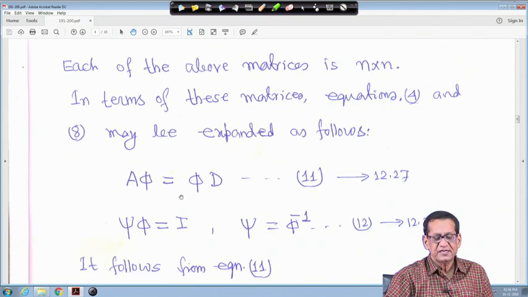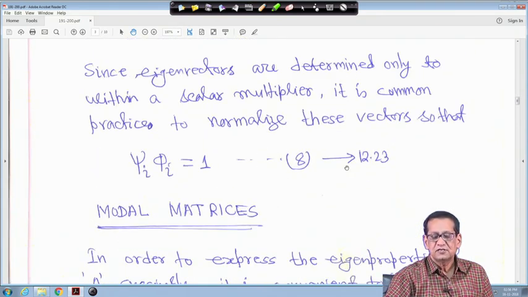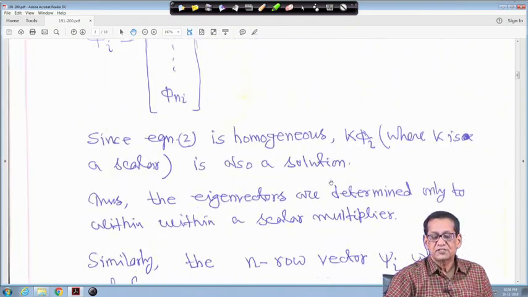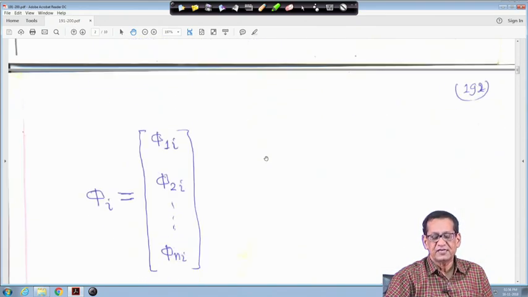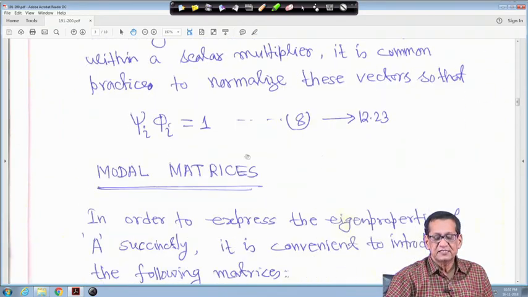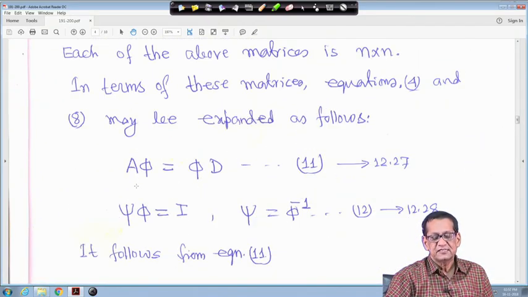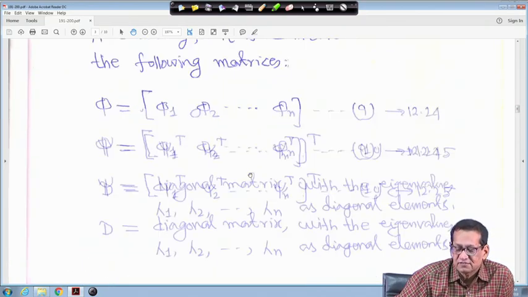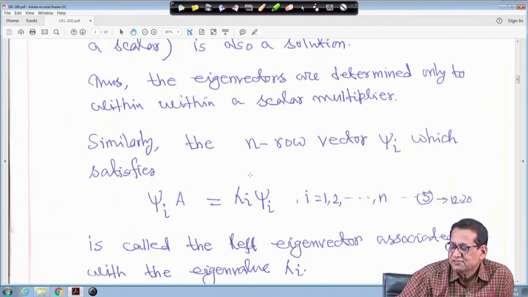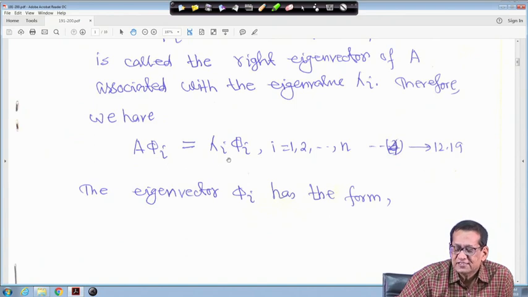You can write A phi is equal to phi D. If you go back to equation 8, the condition psi phi is equal to 1 is satisfied, and in equation 4, A phi i is equal to lambda i phi i.